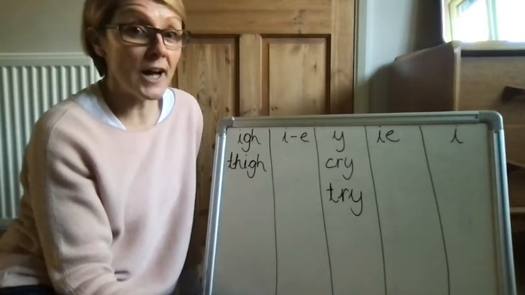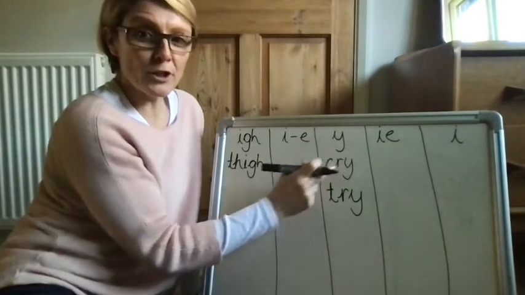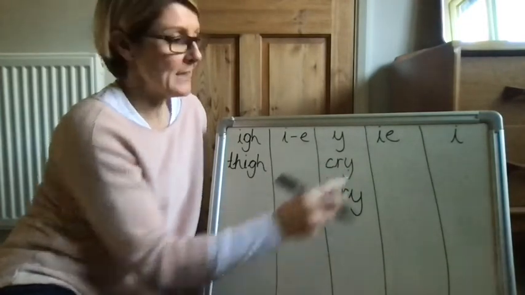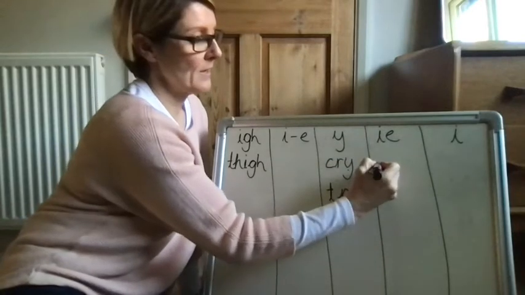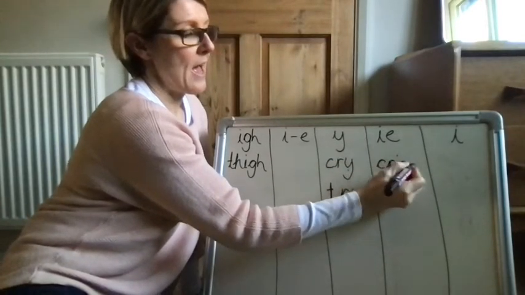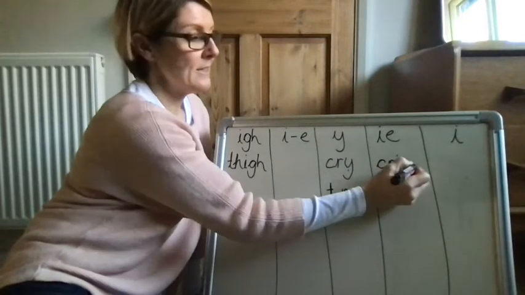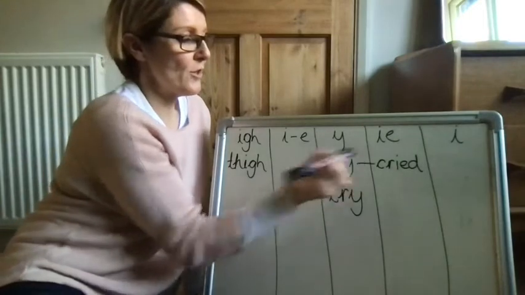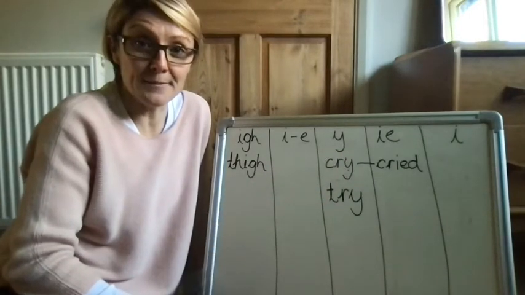I cried. So to spell cried, I'm going to change the Y into an I. Cried. Okay, so those two are linked.